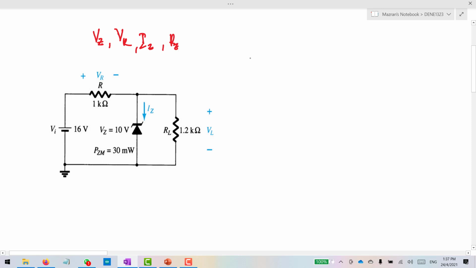First, we have to analyze if the Zener diode is on.